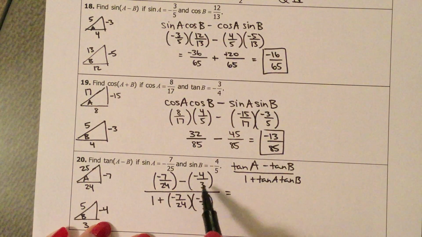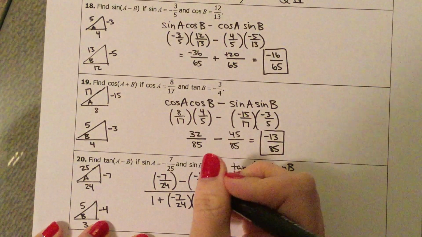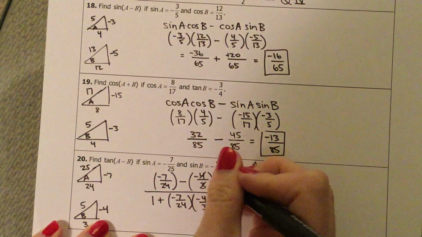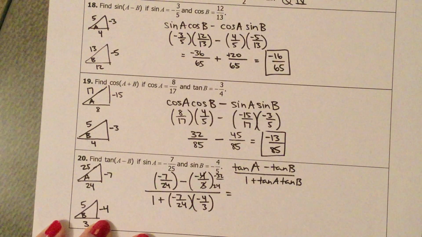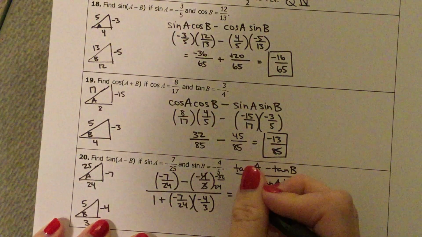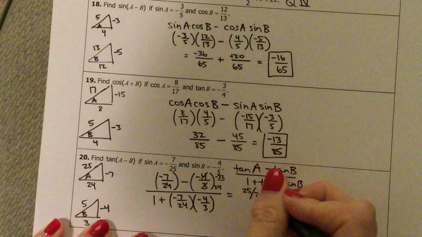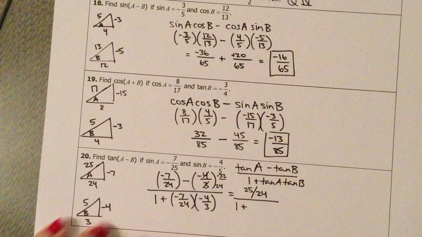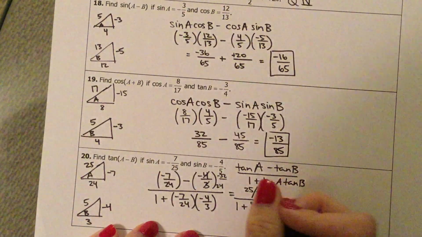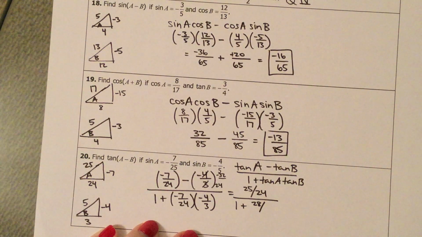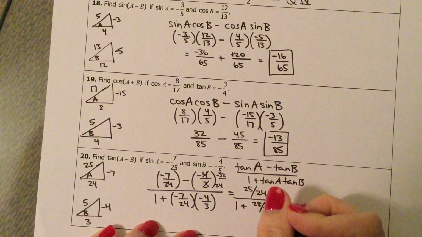So for this, I'm going to multiply by 8 over 8. So this would be 24. This would be negative 32. Okay, so just getting a common denominator. So negative 7 minus negative, so plus, this ends up being 25 over 24, over 1 plus. It still will be plus because those are both negative. So I get 28 over 24 times 3 is 72.